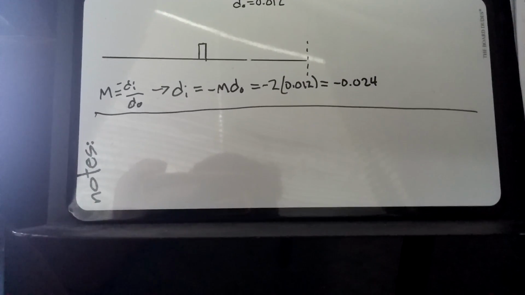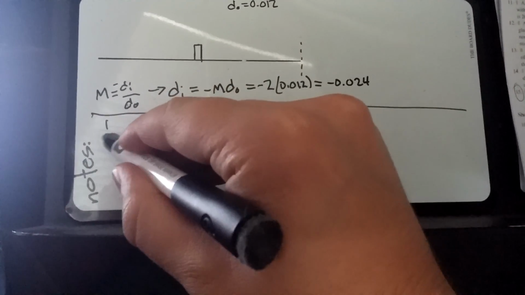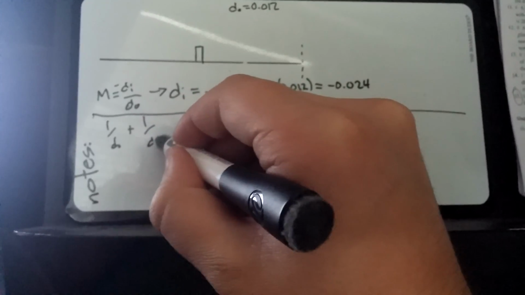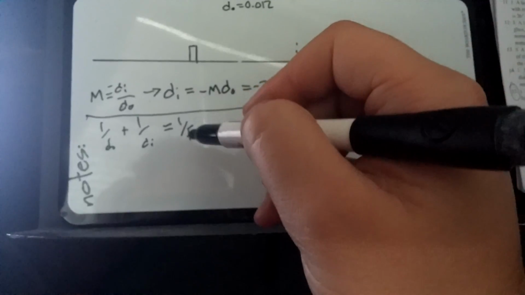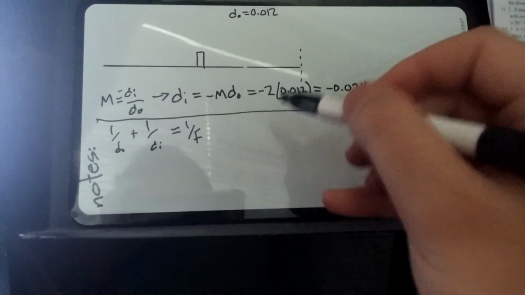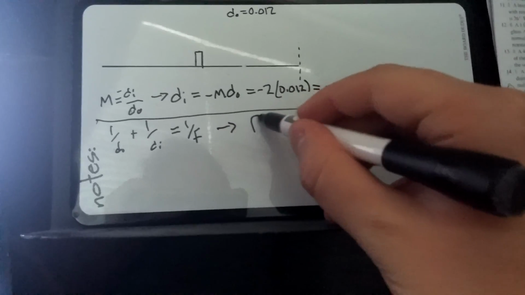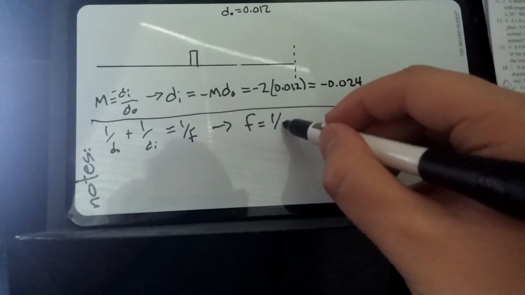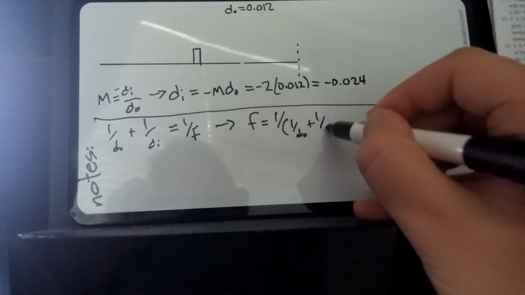So to do that, we'll find the focal point. We use the mirror equation of 1 over object distance plus 1 over image distance equals 1 over the focal point. So we want to solve for the focal point, so we'll just reverse this equation and get the reciprocal. So that turns into focal point equals 1 over, 1 over object distance plus 1 over image distance.